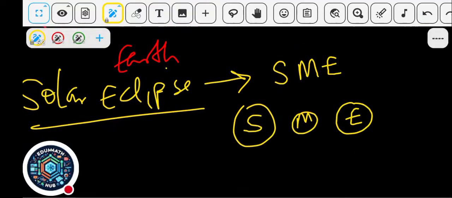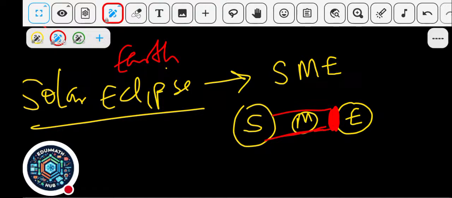Now, the moon is in between the sun and the earth. I told you before that shadows are formed when light cannot pass through an opaque object. Since the rays of the sun cannot pass through the moon, the shadow of the moon will be formed on the earth, and this place will be dark.